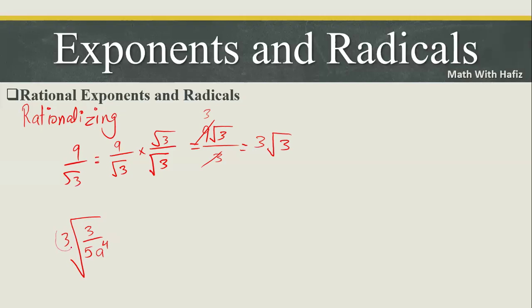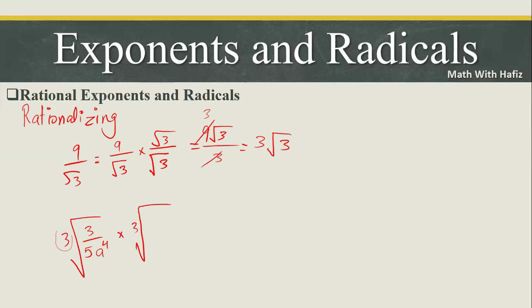This is a cube root, so I need something which can cancel a cube root from the whole, or at least from the thing which is down. So what will I do? I am going to multiply it with the cube root of, because the cube root should be the same.